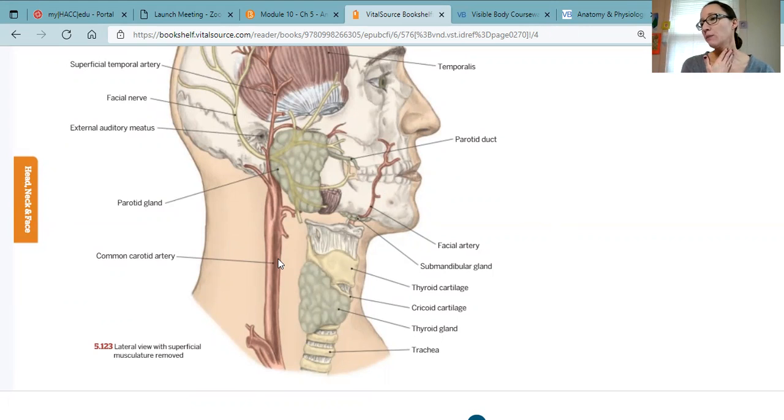Anyway, you can palpate the carotid artery because it is relatively superficial and it has a pulse. It's an artery, so it has a pulse. So if you put your fingers right here, just distal to your mandible, in between SCM and your trachea, there's a little dip there.